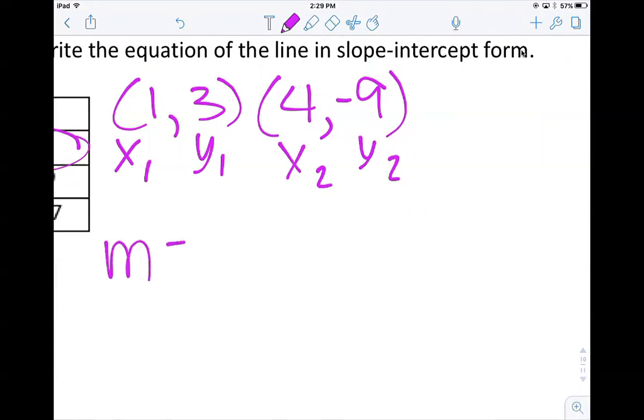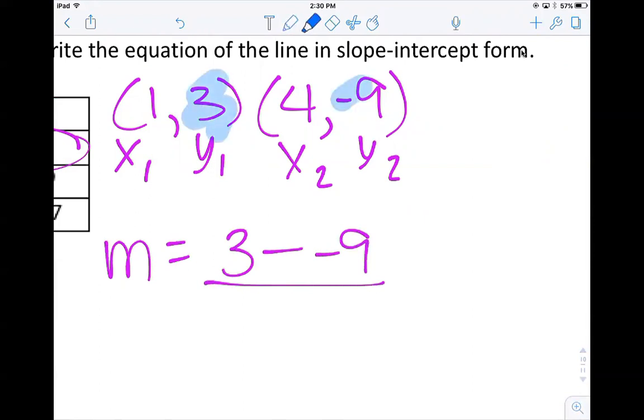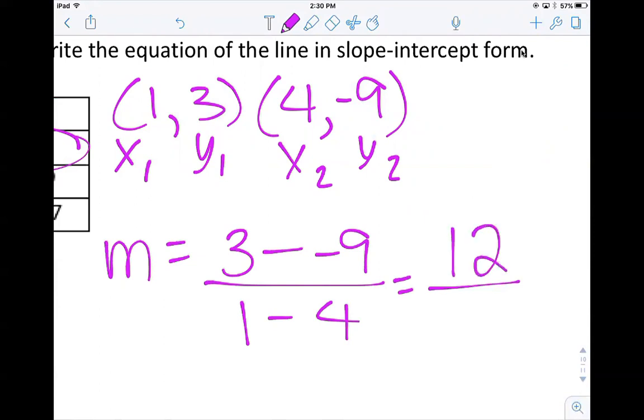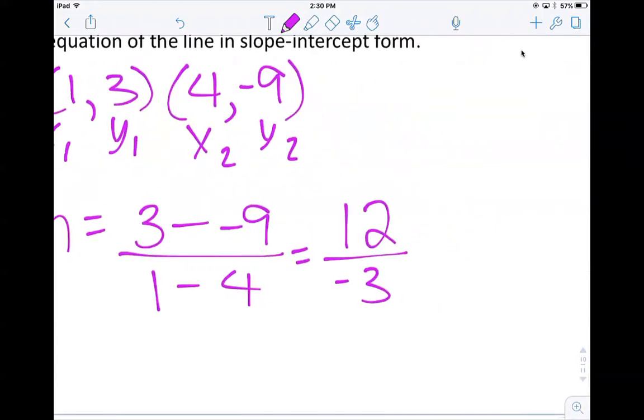So our slope is going to be 3 minus -9 because it's y1 minus y2, and then 1 minus 4. So 3 minus -9 becomes actually +12. 1 minus 4 is -3. And if we simplify, we get -4.